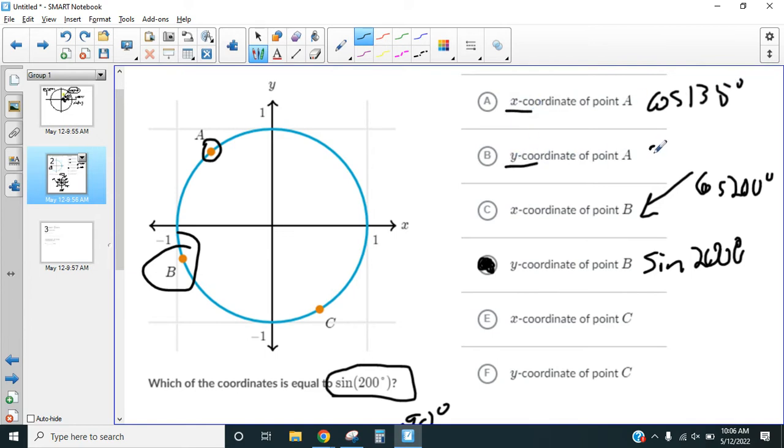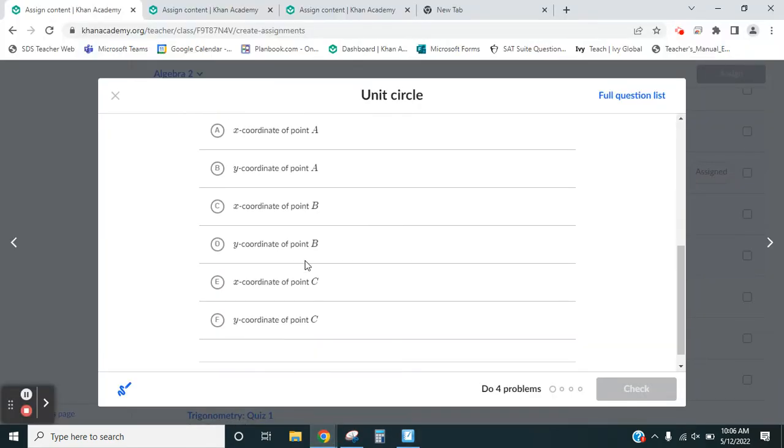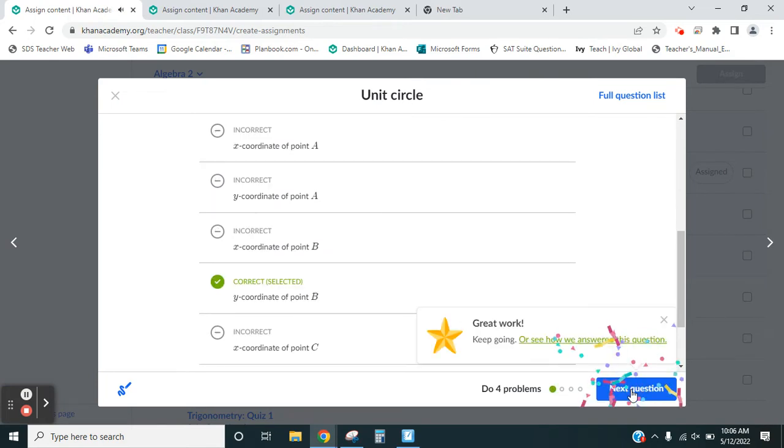If it was the y coordinate, it would say sine of 135. I'm just guessing on the angle, all right? C would be an angle bigger than 270, maybe like 300. So this would be the cosine of 300. This would be the sine of 300, like so.